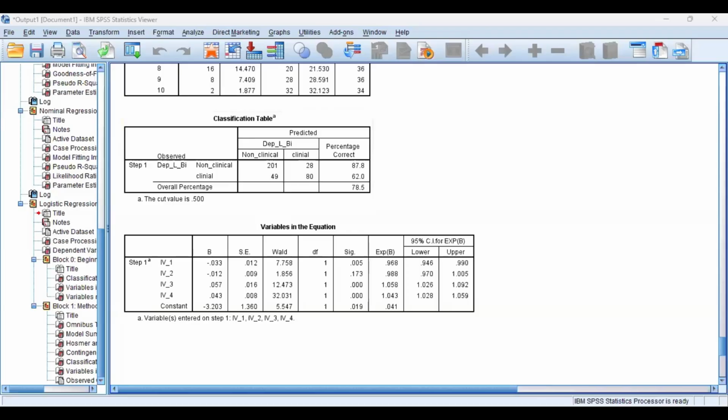As you can see, this table shows how the predictions that you have in your model match the actual observed categories. It's very similar to, for example, some frequency analyses, where you have a prediction about a proportion in a population and you want to see if this prediction is matching the actual data.